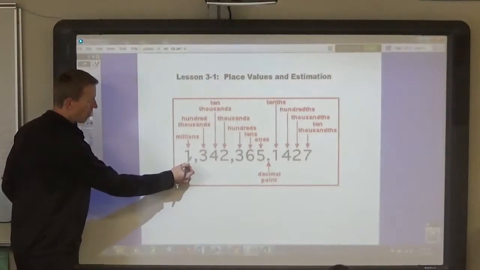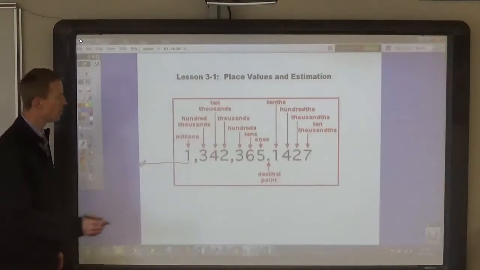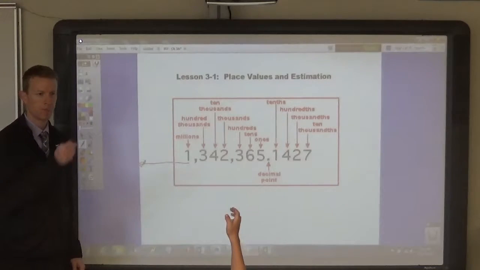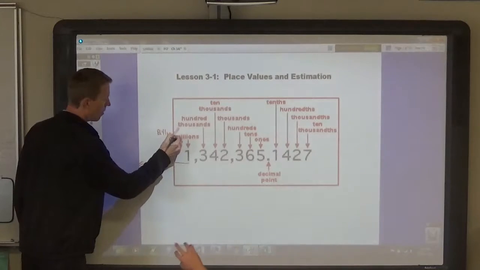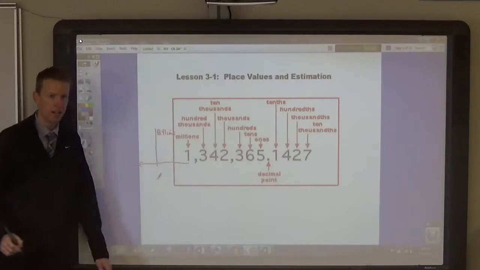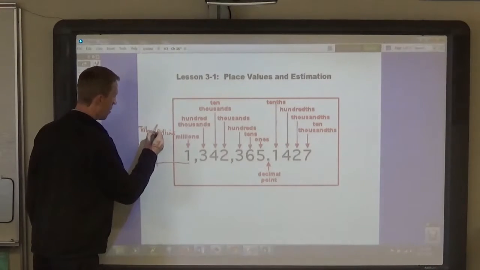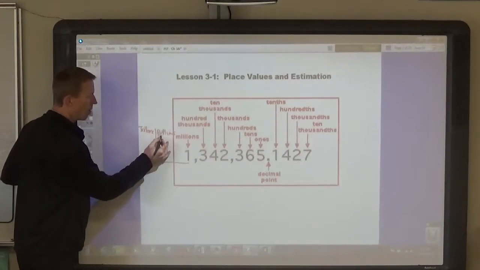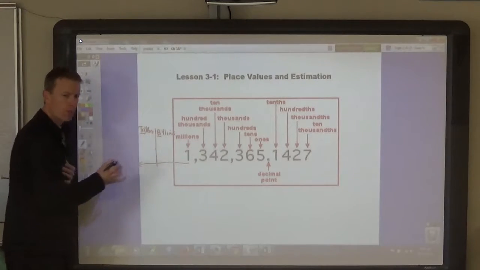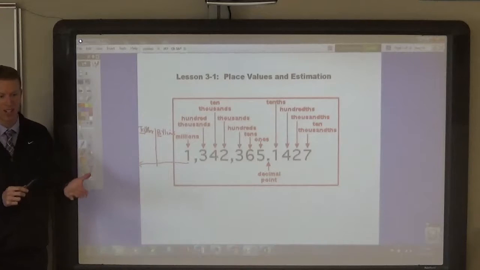Let's review first of all, what are the places beyond the millions place? What comes after millions? Billions. Yep. And then trillions. Now, look at it: bi means 2, tri means 3. Do you know what comes after trillions?